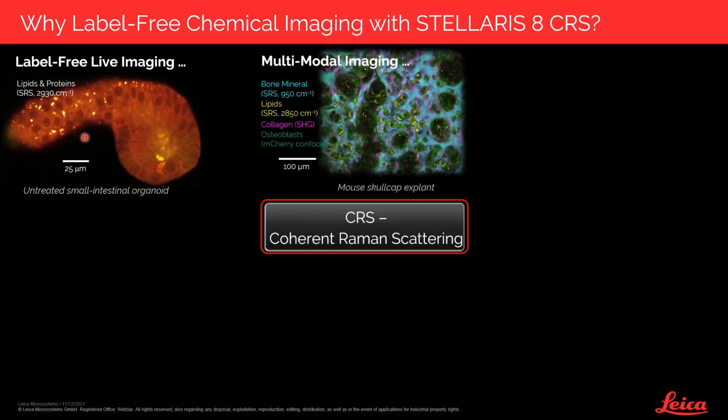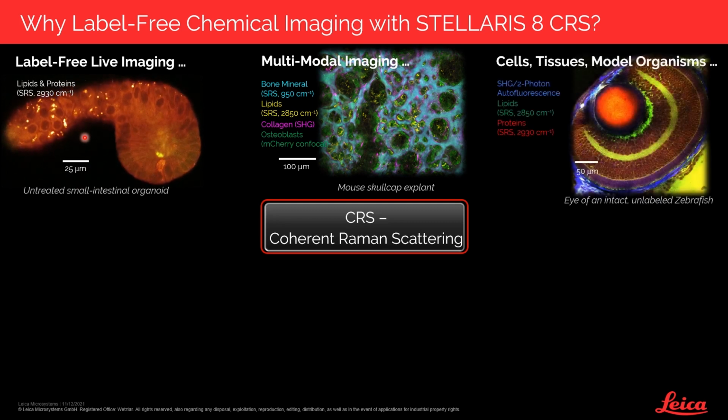Our customers can explore complex samples, such as this bone tissue, using a multimodal imaging approach that combines biochemical, biophysical, and fluorescence contrasts. This is done by combining multicolor coherent Raman scattering imaging with additional nonlinear optical signals like second-harmonic generation, and adding in visible fluorescence using the confocal capabilities of the STELLARIS microscope platform.